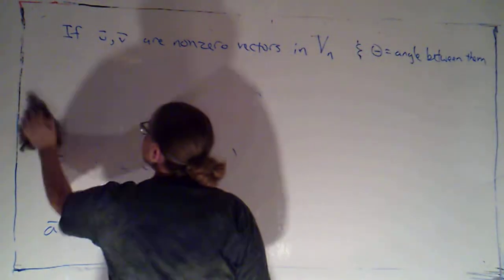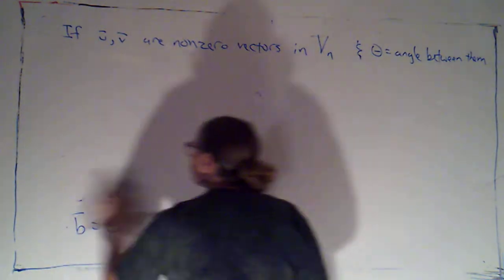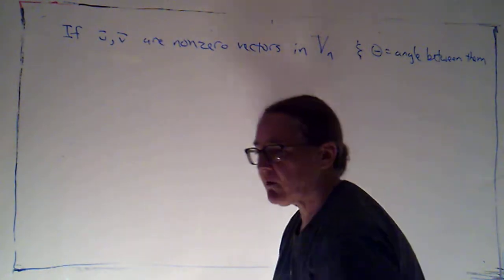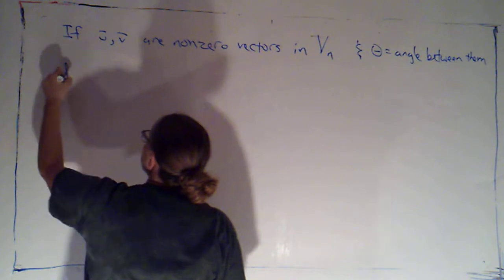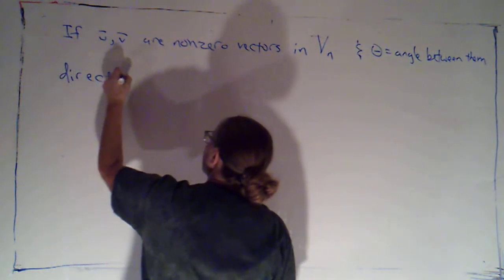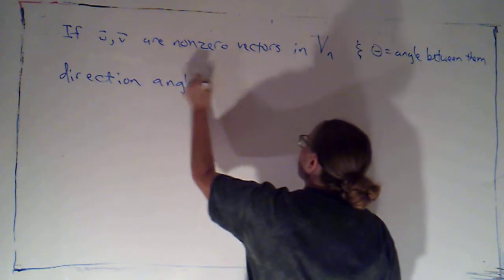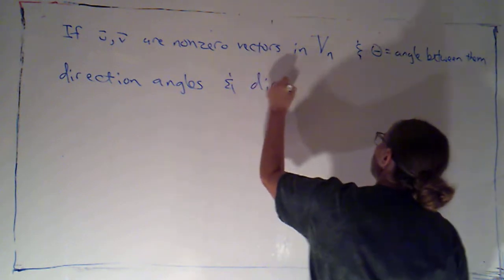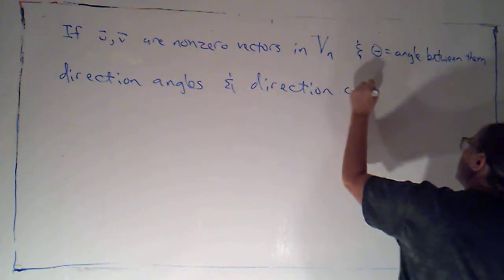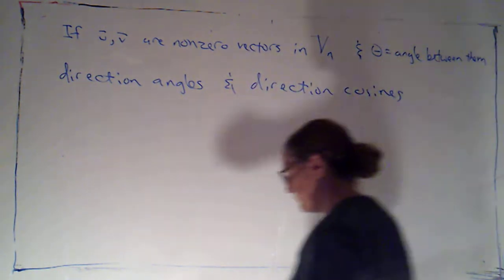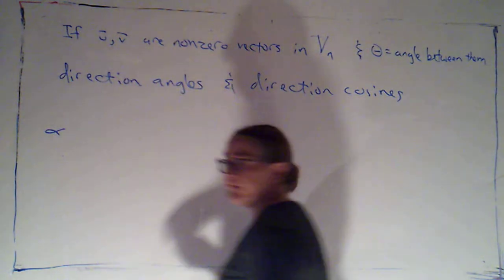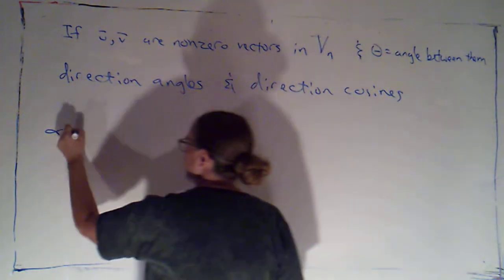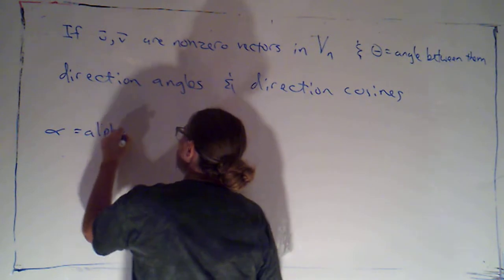All right, a little bit more vocabulary. I can define some things called direction angles, and I'm also going to define direction cosines. So alpha, and that's a Greek letter, looks like a fish, it's called alpha.